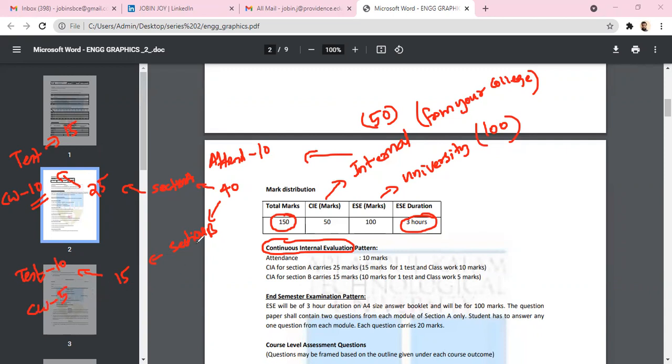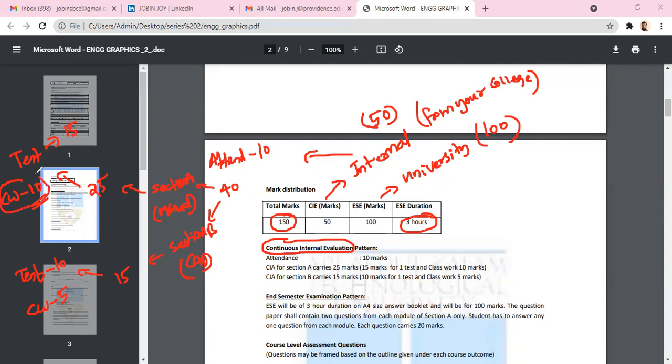Section B is actually CAD. Section A is manual. So both manual plus CAD, you will get 40 marks. So 40 plus 10, total 50 marks. This is the internal split.